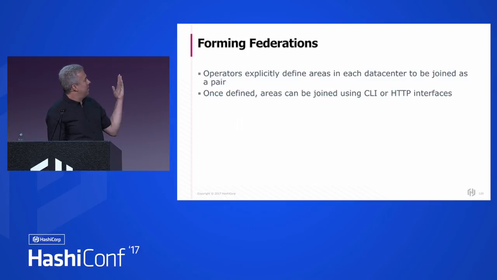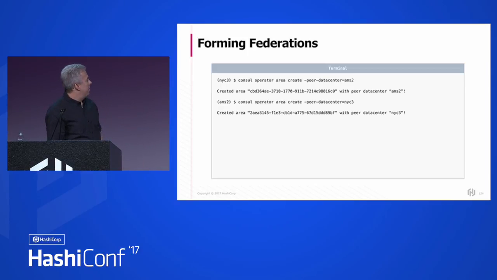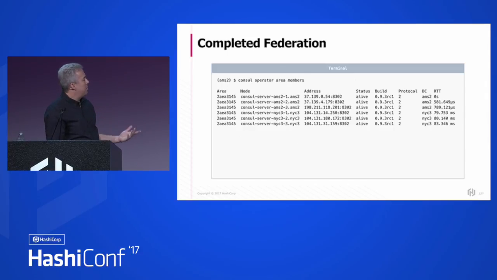To form these, you define an area on each side. In New York, I create an area with Amsterdam. In Amsterdam, I create an area with New York, and then I join them up. Once the relationship is established and they're connected, I can see the servers from both sides, from either side.